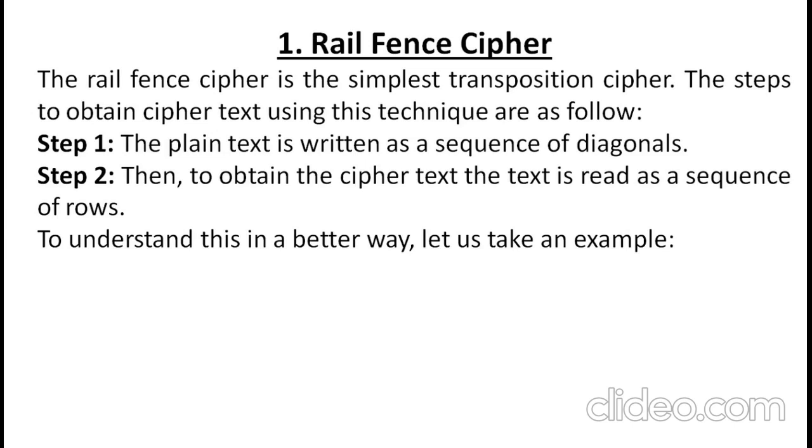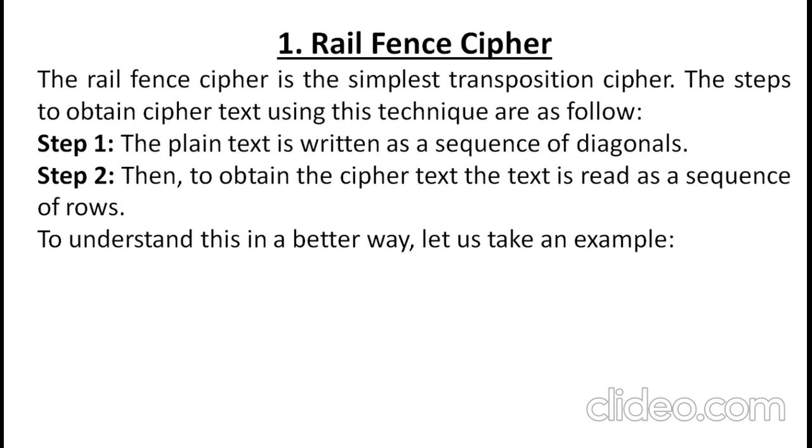What happens in the rail fence cipher? The rail fence cipher is the simplest transposition cipher. Why is it called simplest? Because it is easily understood by users. The steps to obtain the ciphertext using this technique are: the first step, the plain text is written as a sequence of diagonals.